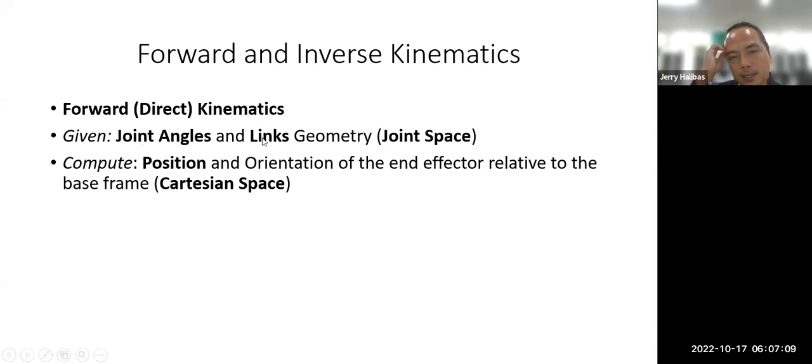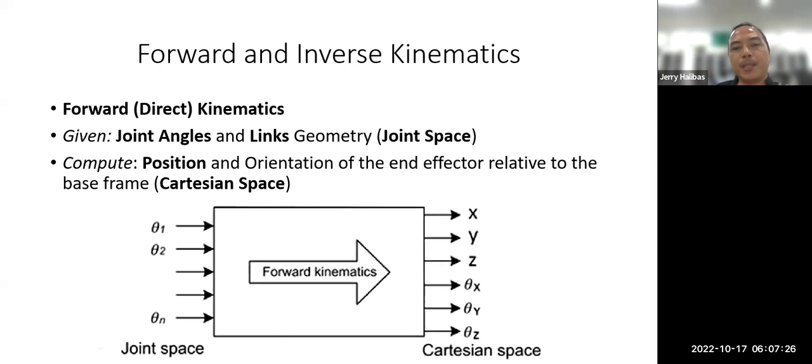The links are the lengths of the arms between the joints. So, theta 1 or J1, theta 2 or J2, and so on.